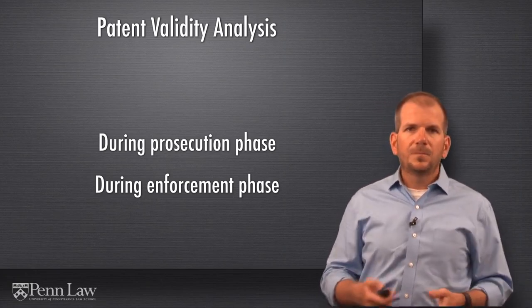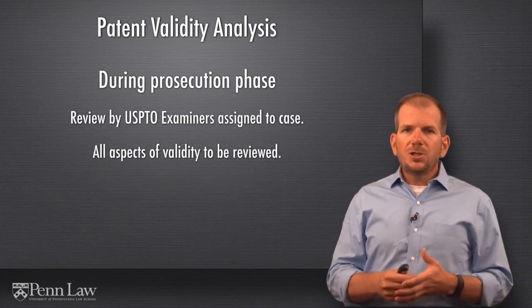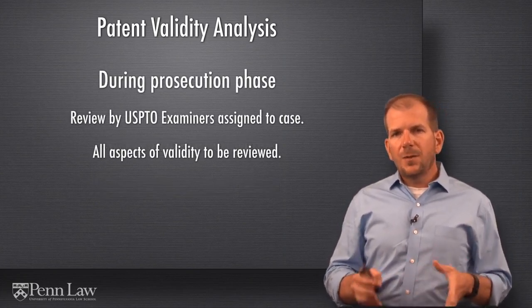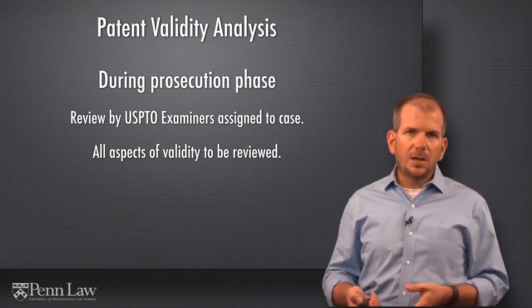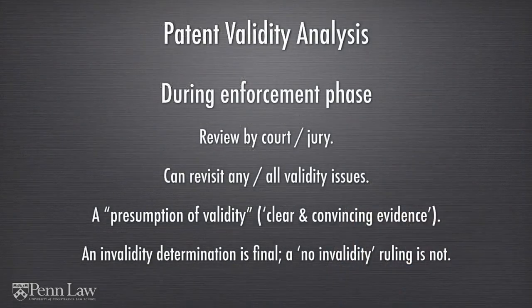During the prosecution phase, the PTO examiners assigned to the case evaluate all aspects of validity. During the enforcement phase, the validity is reviewed by a court, and in some cases a jury, depending on exactly which issue and exactly how you set up the case. They can revisit, as I said before, any and all validity issues.